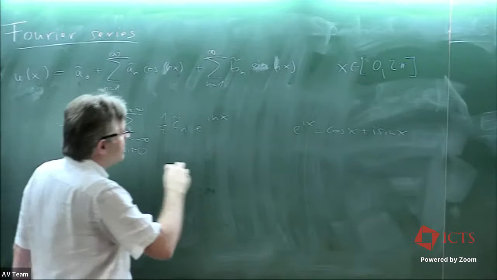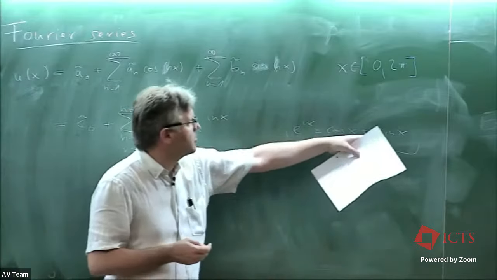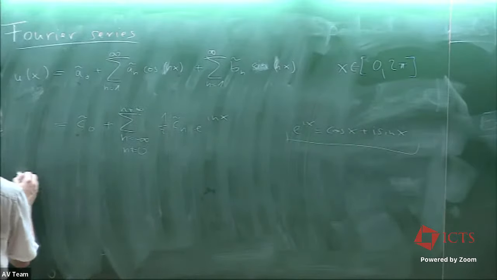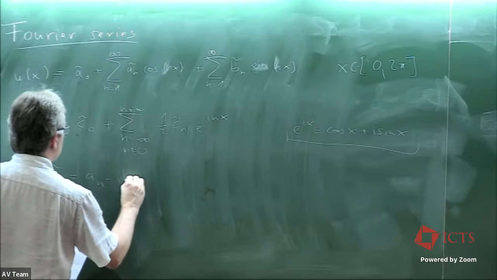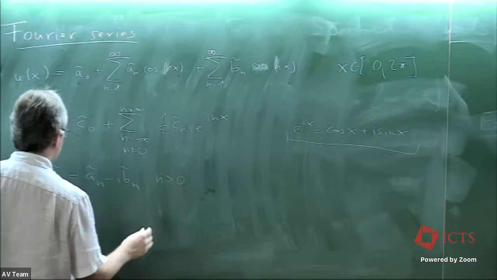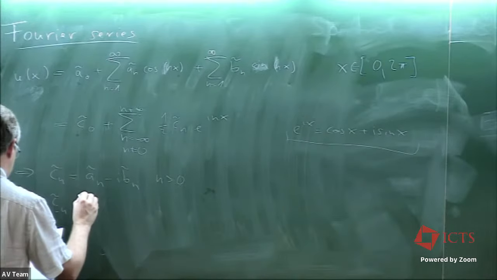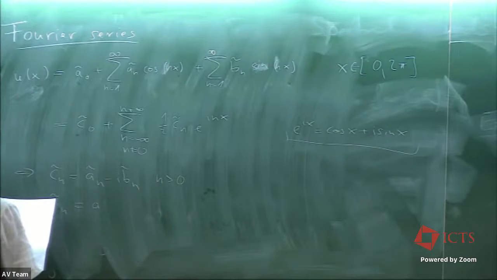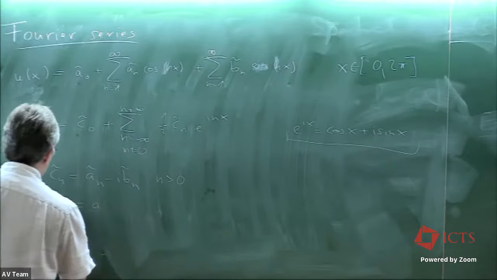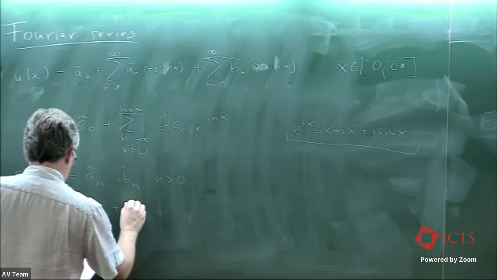If you use this identity here, if you replace your exponential by sines and cosines, or vice versa, if you replace the cosines and sines by exponentials, it's not hard to work out that the coefficients are related by C_n equals a_n minus i b_n for positive n's, and C minus n is a_n plus i b_n.